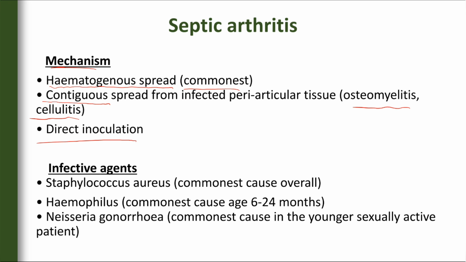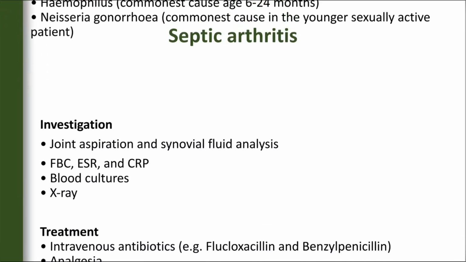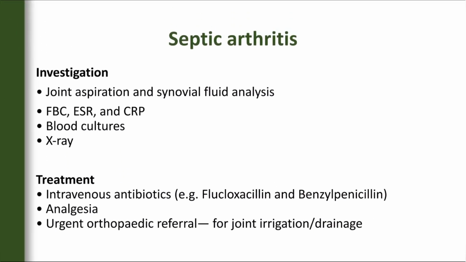The most common infecting agent is Staphylococcus aureus. Staphylococcus aureus is the commonest overall, but in ages between 6 to 24 months, Haemophilus is common. In sexually active, younger patients, Neisseria gonorrhoeae is also a common microorganism for septic arthritis.